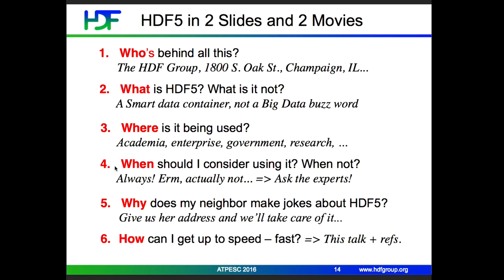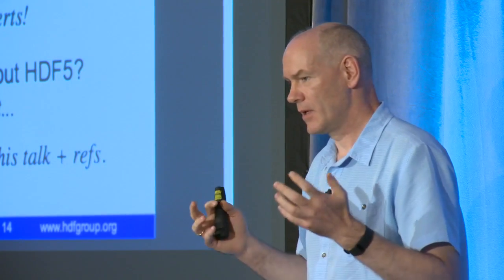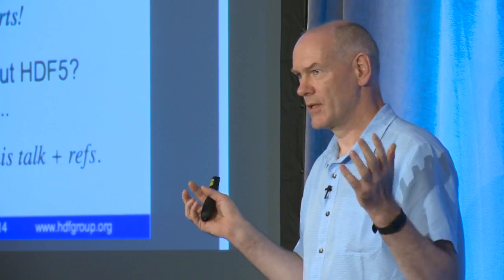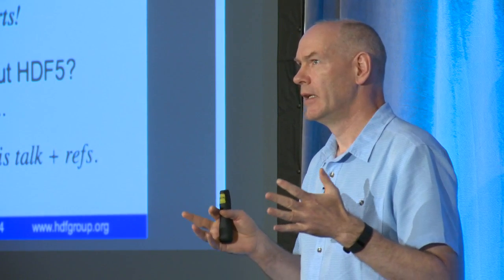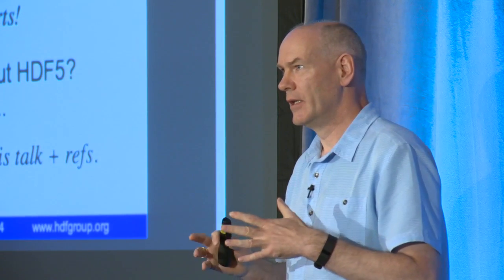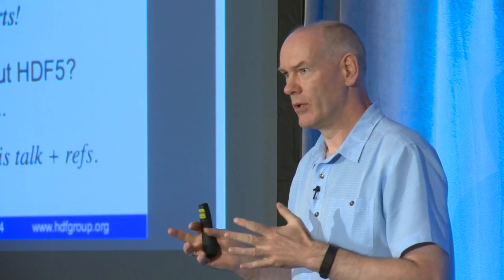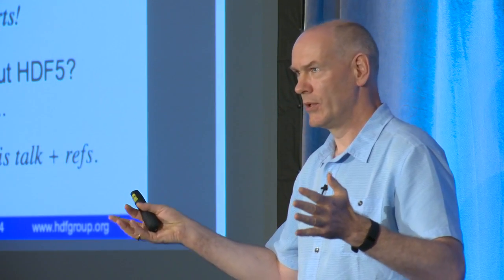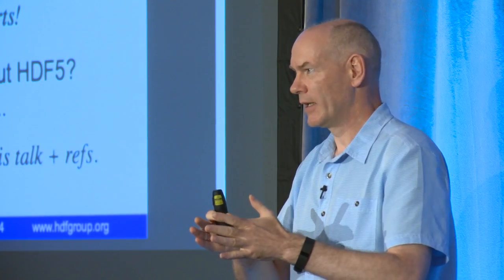What is HDF5? I think the easiest way to think about HDF5 is as a smart data container. It's something that you can put data in, in a way that is very user-oriented and very portable, in the sense that you put certain abstractions into that container.